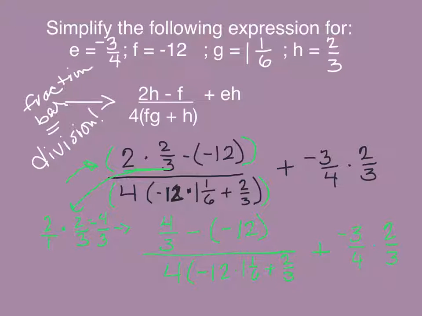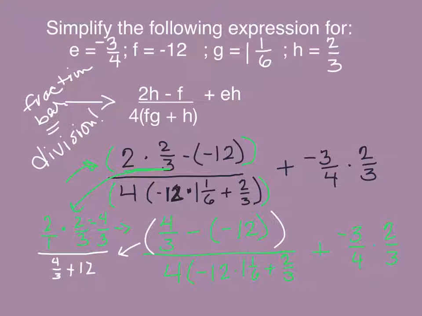So I know the next thing that I'm going to do is continue on this top part right here, and I need to do some subtraction here. Actually, I know that I'm subtracting, so I have to do the cha-cha-cha: stay, change, change. So I've got 4/3 stays the same, minus becomes plus, and negative 12 becomes 12.